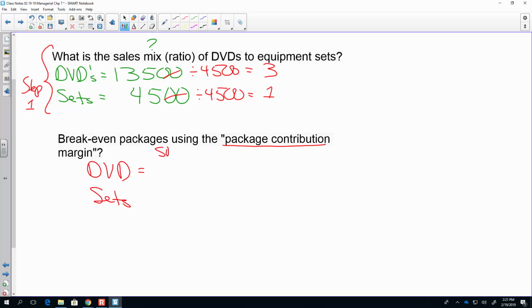We've got to take the selling price minus the variable cost to give us our margin, right? For each unit sold, for each product type. DVDs selling price is 8, minus the variable cost of 4 gives us a margin of 4.